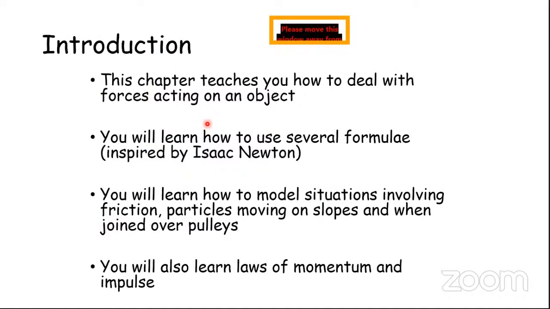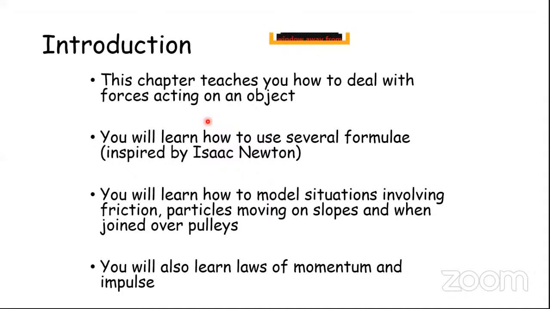So in the introduction, we are saying this chapter teaches you how to deal with forces acting on an object, learn about how to use several formulae inspired by Newton, learn how to model situations involving friction, particles moving on slopes, and when joined over pulleys.